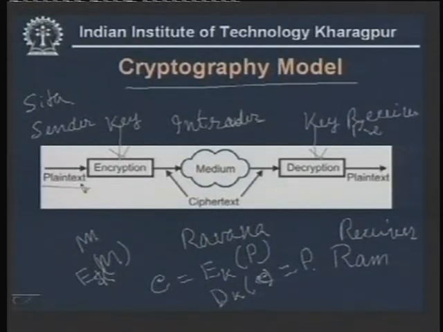A plain text generated by the sender Sita is encrypted with the help of a key, and after encryption the message is known as cipher text, that is communicated through the insecure medium which reaches the other end and is decrypted with the help of another key to get the plain text. This is the model for cryptography.